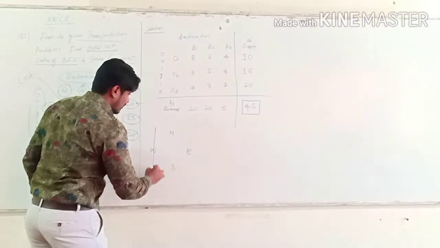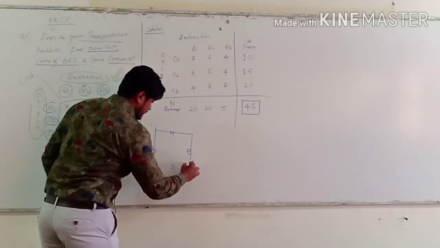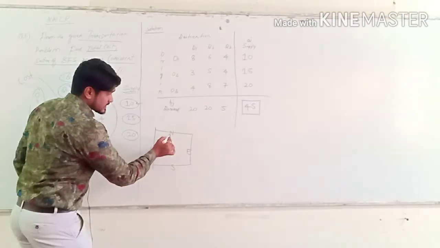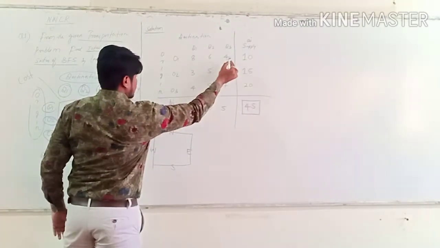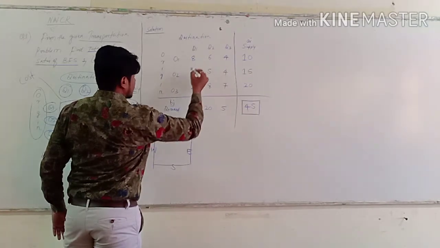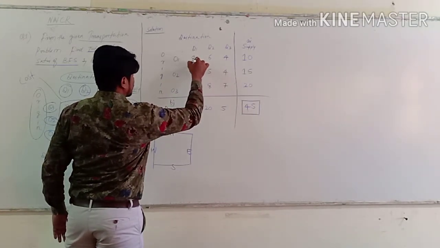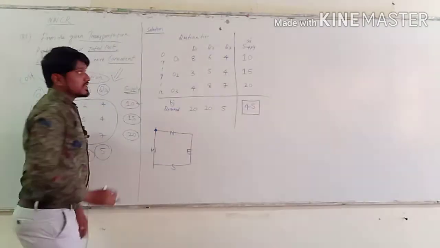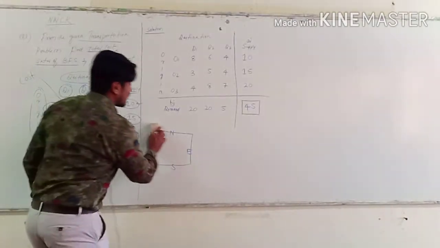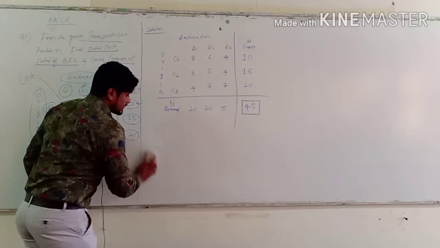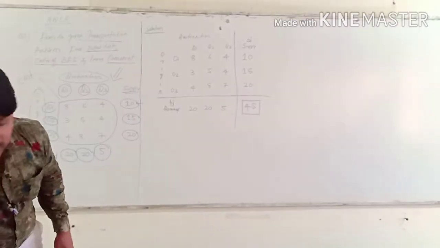If I draw a box like this, this is our matrix, this is the north, this is the west, and the corner point is this 8. So the starting point is 8, from where we have to start the northwest corner rule method.